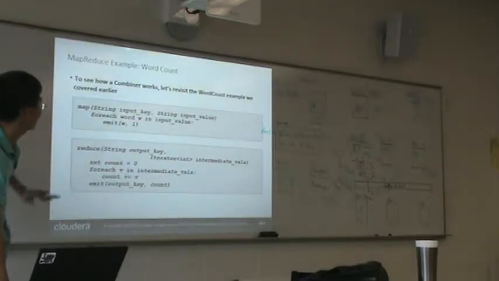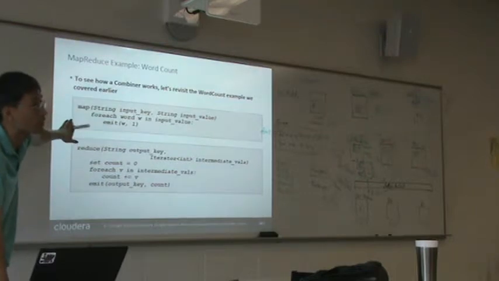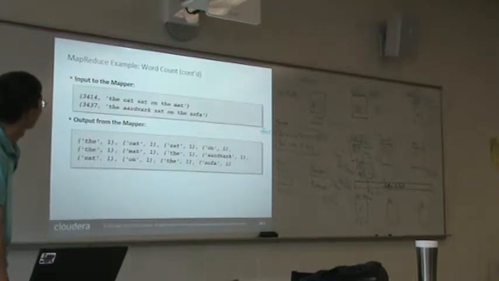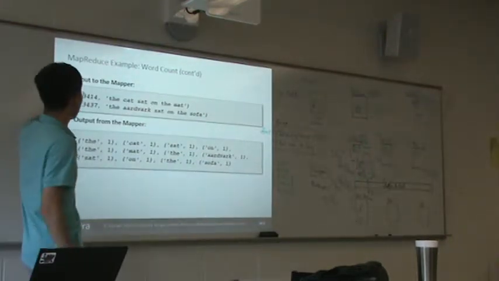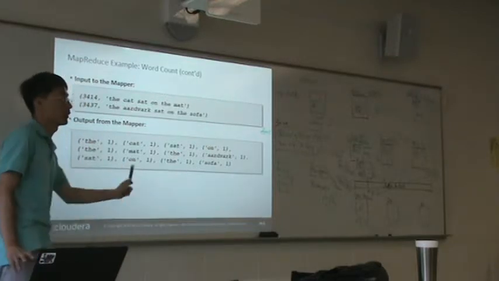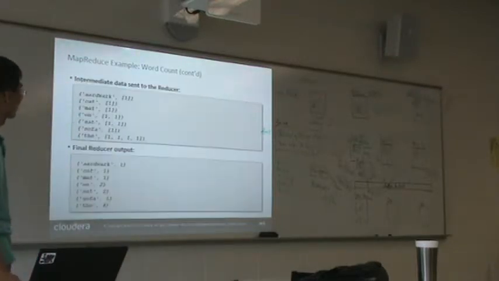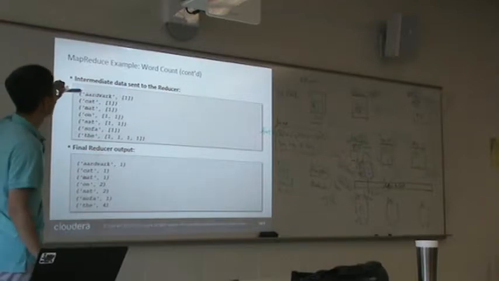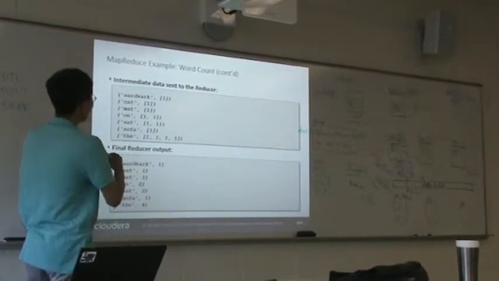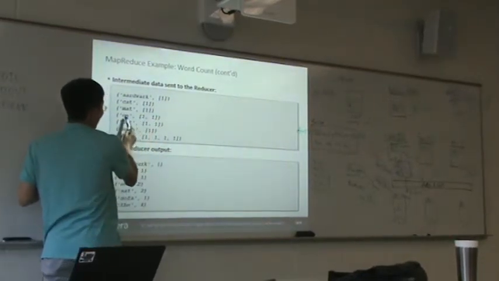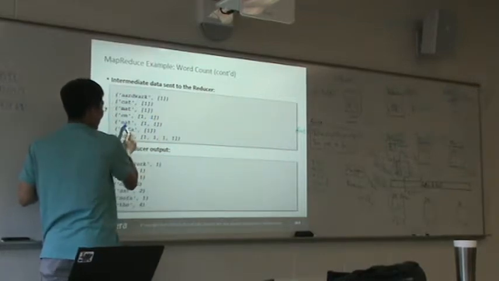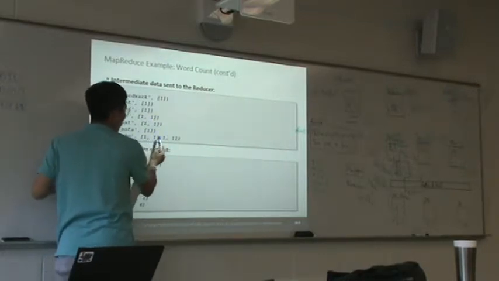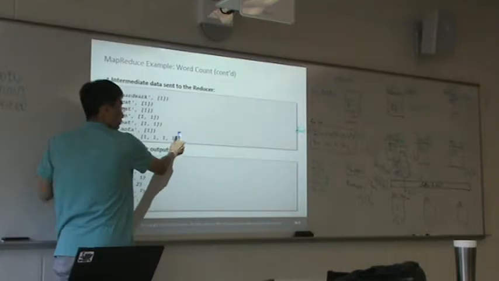So this is the mapper, this is the reducer that we have seen in WordCount. This is the input of the mapper, this is the output of the mapper. Then this is the intermediate data sent to the reducer. As you can see, it's 1, 1, 1, 1, much longer.